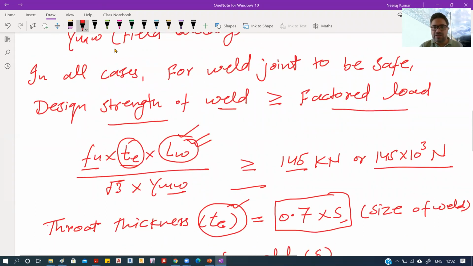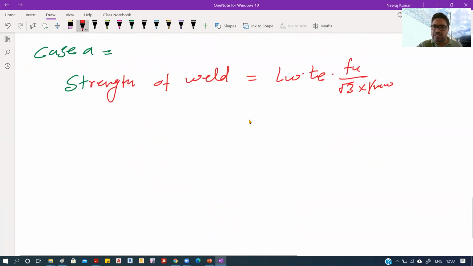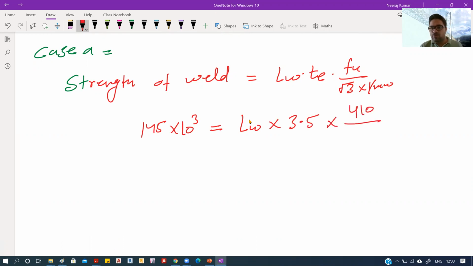So what we are doing is equating this, and then trying to find out the effective length of weld for case A. On the LHS, I'm writing the factored load, which is 145 into 10 raised to power 3, equals LW multiplied by TE, which we have already calculated as 3.5, multiplied by 410 upon 3 multiplied by 1.25. Why am I taking 1.25? Because the first case is shop welding.